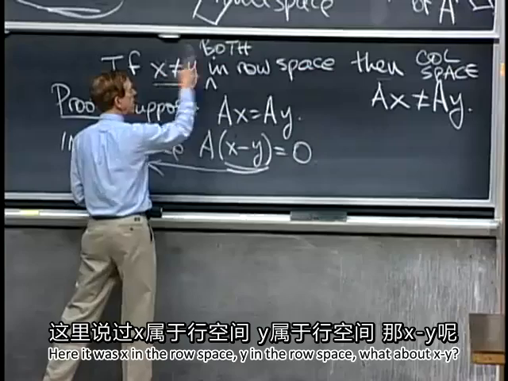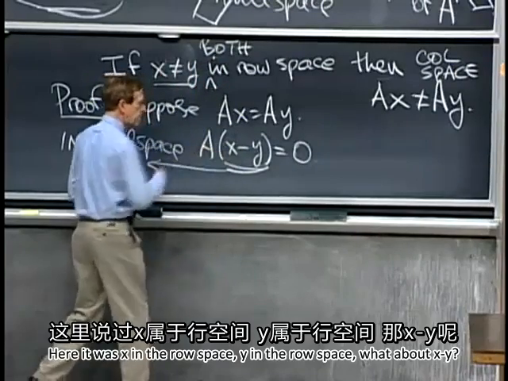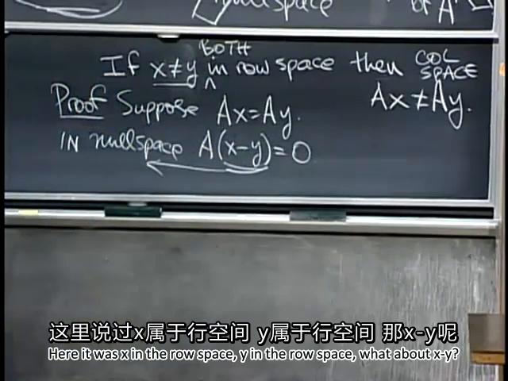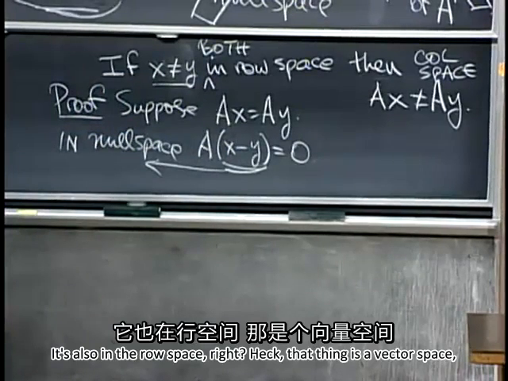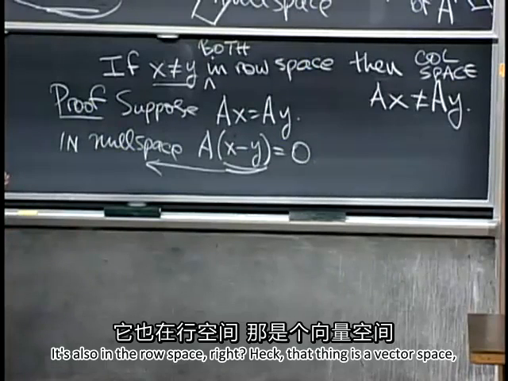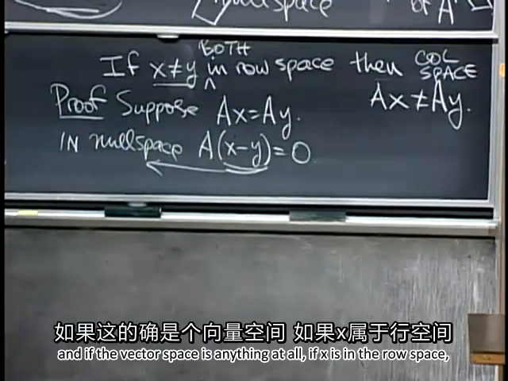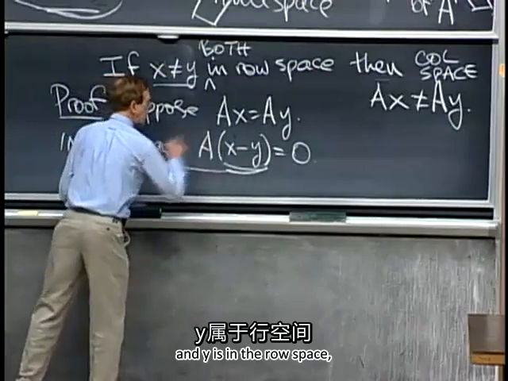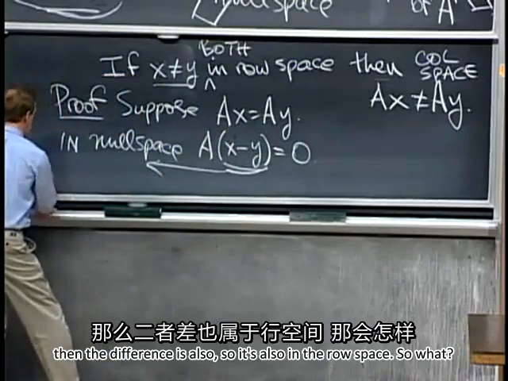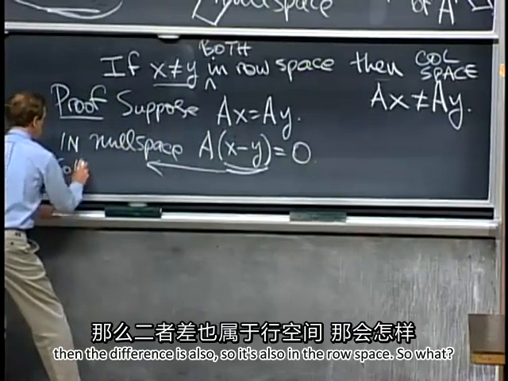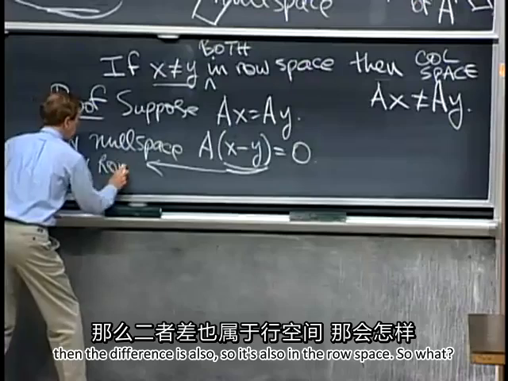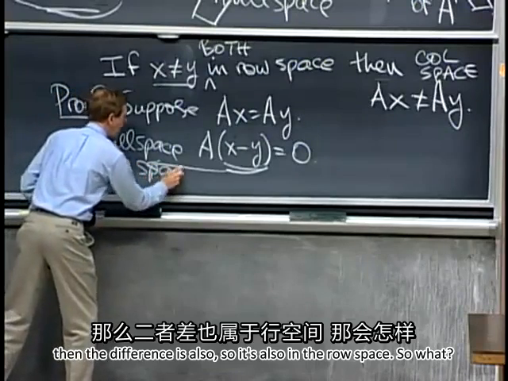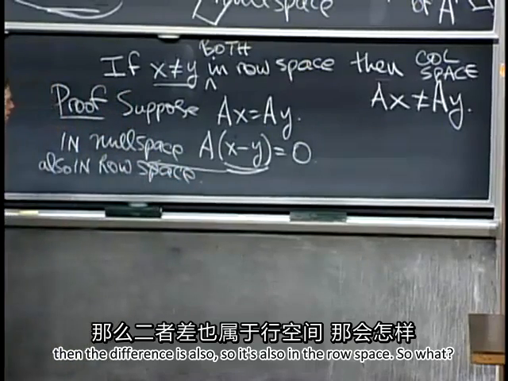Here was x in the row space, y in the row space. What about x minus y? It's also in the row space, right? Heck, that thing is a vector space. And if x is in the row space and y is in the row space, then the difference is also in the row space. So what?